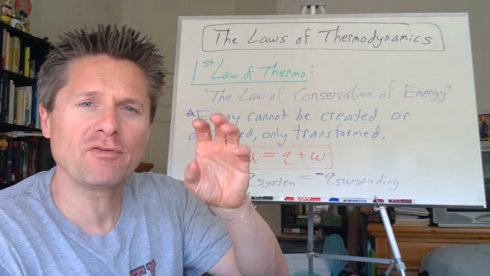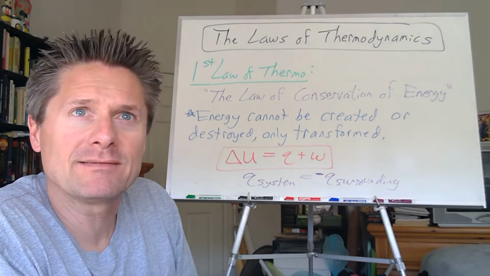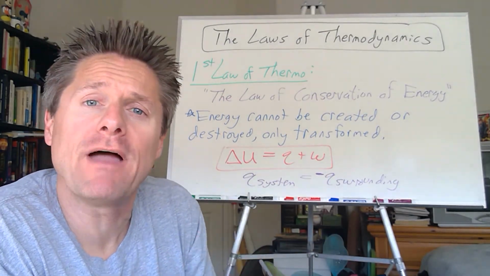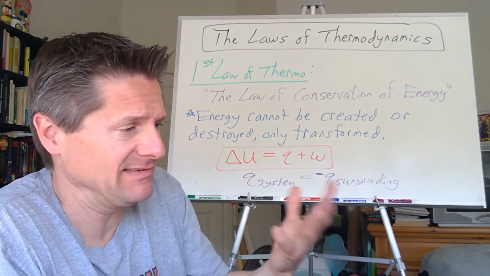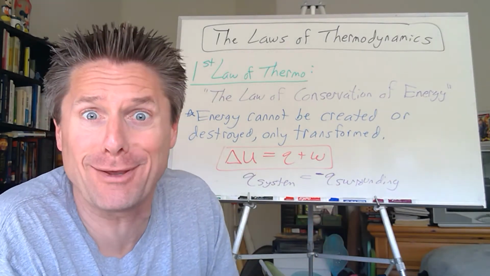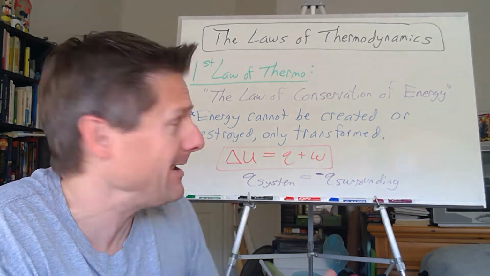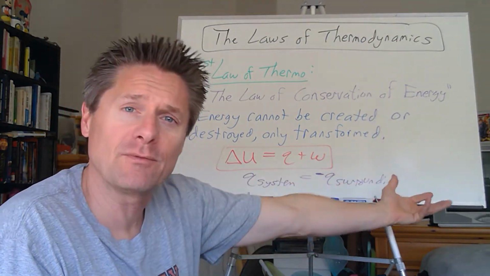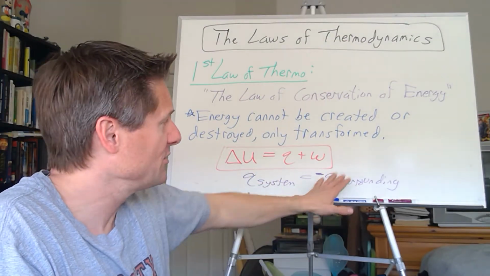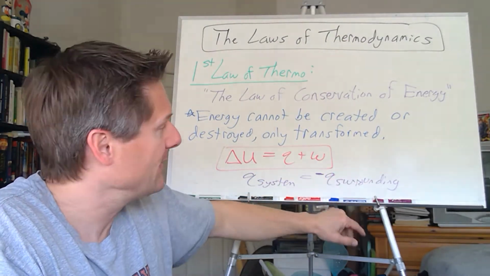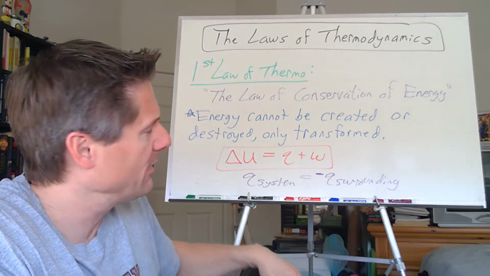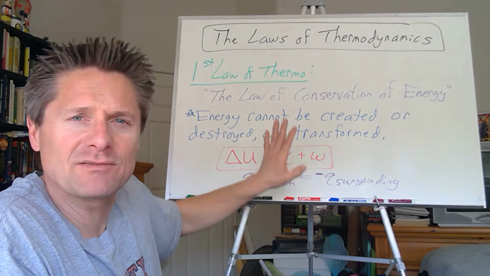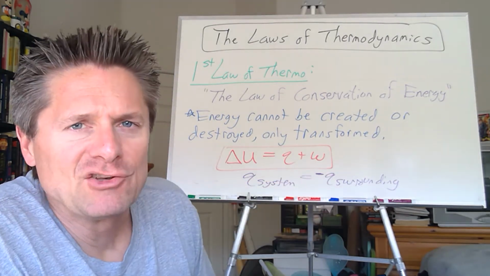If heat flows from the system to the surroundings, the surroundings must be accepting exactly the same numerical value of heat that the system lost, because the system and the surroundings added together are the whole universe. That heat has to go somewhere, right? So whichever one is losing it, we put a negative sign in front of, but you end up with the same mathematical thing. So if heat's going from the surroundings to the system, the energy of the system is increasing, same numerical value, just put a negative sign there.